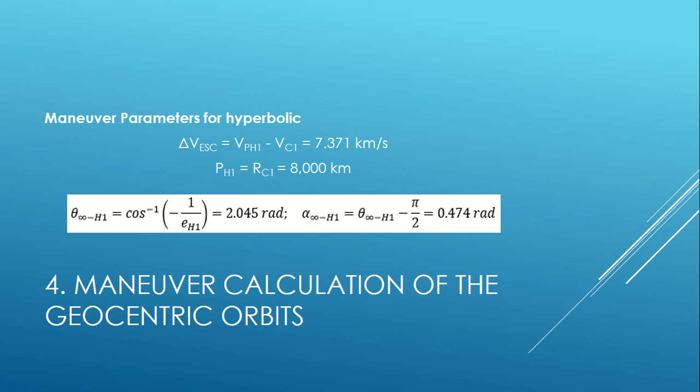Also the distance of the circular orbit is 8,000 km, and the theta at which the satellite needs to be launched is 2.0545 radians, or we get alpha as 0.474 radians.